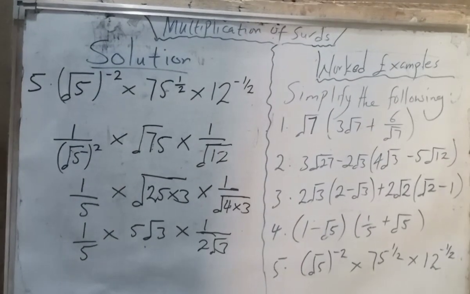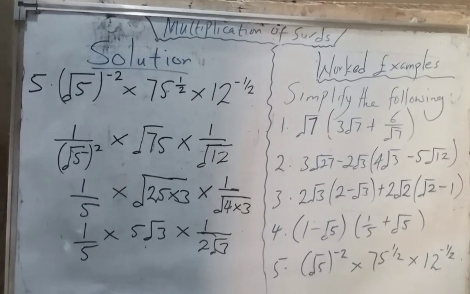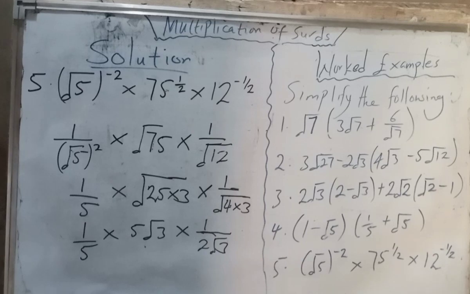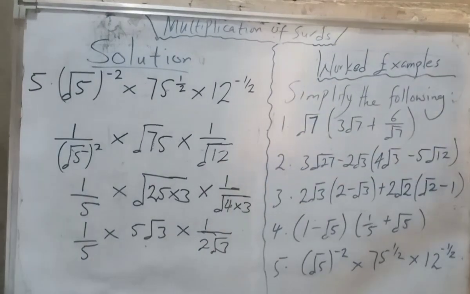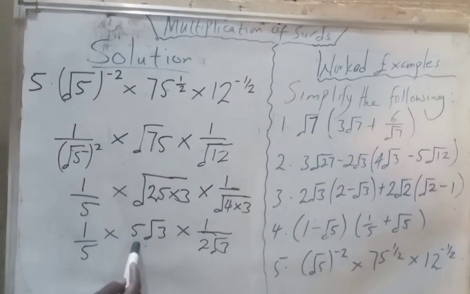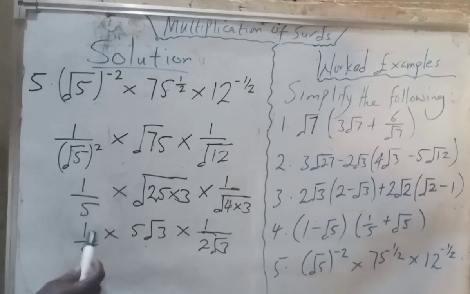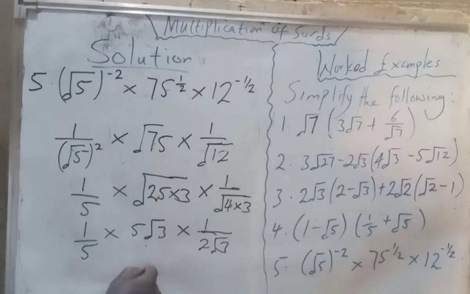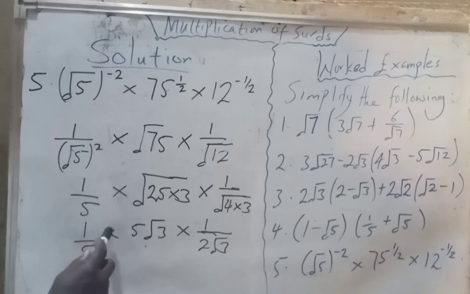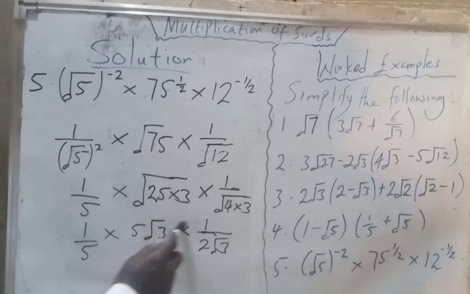So let's continue with our simplification process. Remember, these two are fractions, but this is a whole number. So to make things simple, you can just put this one over 1.